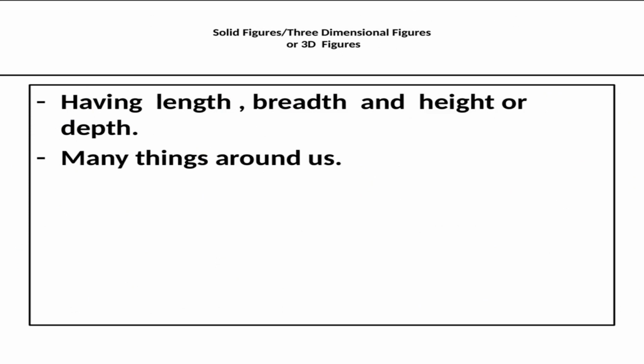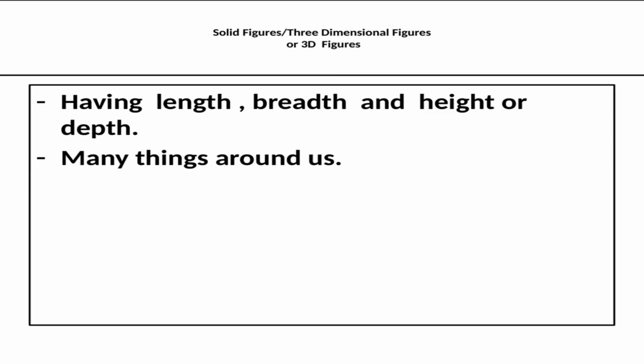And solid figure, three-dimensional figure. What is a three-dimensional figure? The figure having length, breadth and height or depth, all three things, is called a three-dimensional figure or solid figure. You have already seen that cube and cuboid are three-dimensional or solid figures, and many things around us are solid figures.